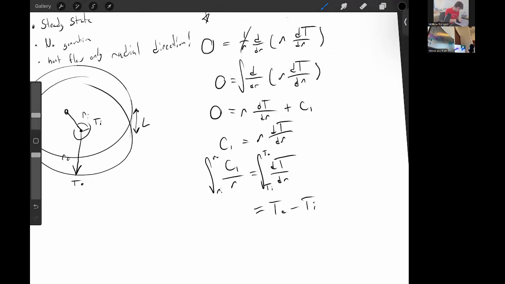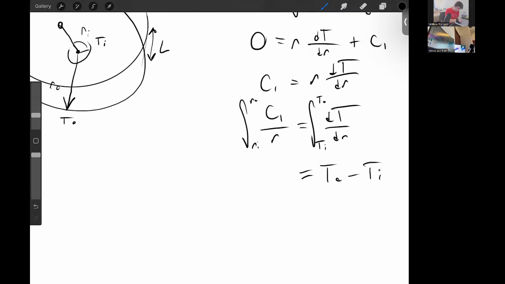So this is going to be the natural log of the outer radius over the inner radius. You can say natural log of the outer radius minus natural log of the inner radius, but I'm just putting it in simpler terms so it's more compact. And then this would have a coefficient of C1.